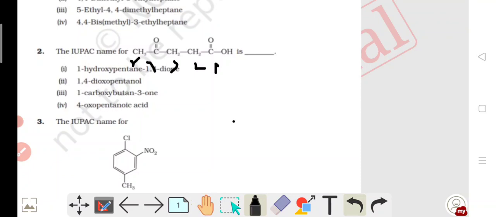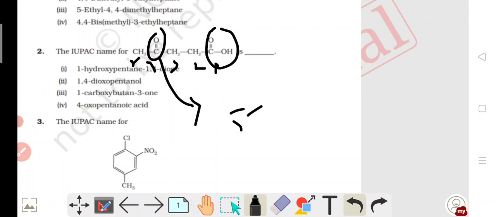So the parent chain carbon is 5, and it is the main functional group. Here ketone is a substituent. So for substituents used as a prefix, as we know the order is prefix, word root, then suffix. So here ketone is a prefix.